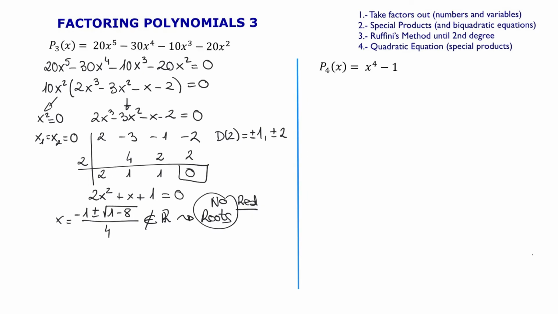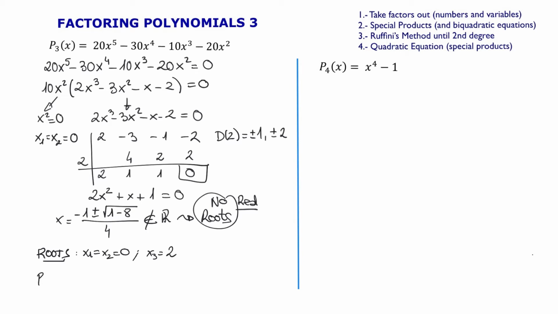We don't get any root from the quadratic equation. Therefore, for this fifth degree polynomial, we have only 3 roots. One of them is a double root, 0, and the other one comes from Ruffini's method, which is 2.